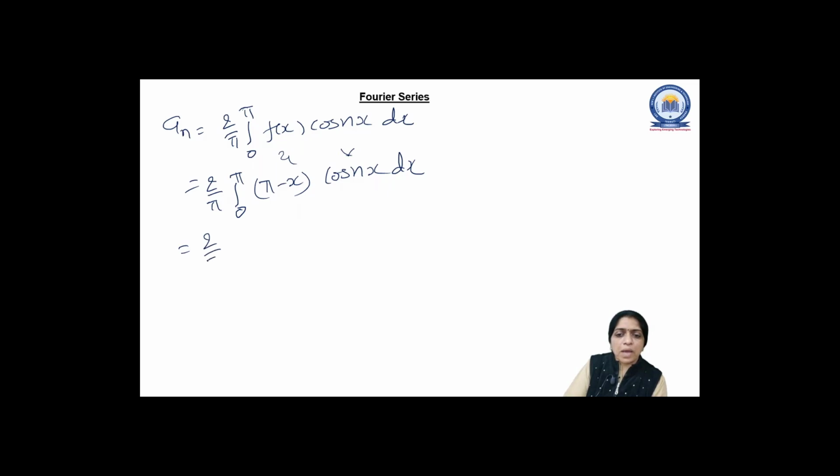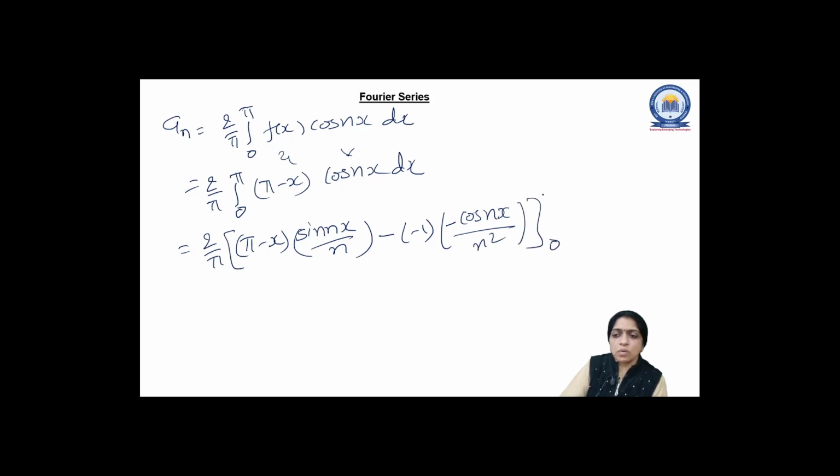So we keep pi minus x the same. The integration of cos nx is sin nx upon n, minus the derivative of pi minus x, which is minus 1, times the integration of sin nx, which is minus cos nx upon n square, and the limits are 0 to pi.